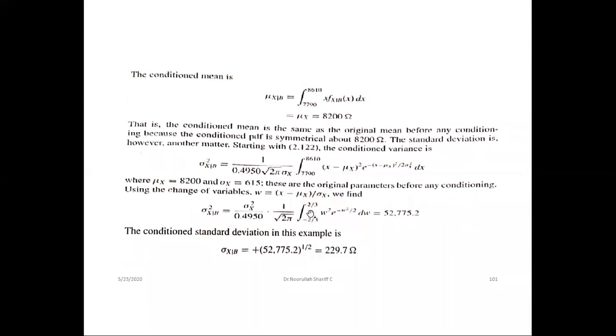You can try to write it in a different way: sigma x squared divided by 0.4950 multiplied, that will be equal to this, and that will give us the value 52775. Root of that will give us 229.7. Okay, so this is how we can solve.